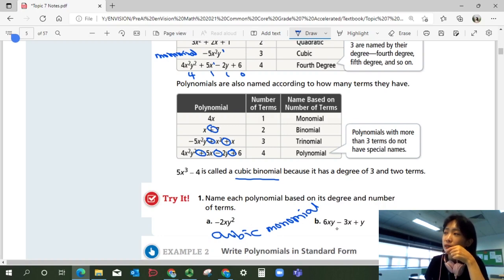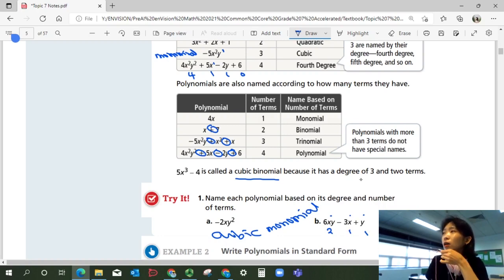Part B, how many terms does this have? 1, 2, 3, right? 1, 2, 3. And then look at the degrees. X has 1, Y has 1, so that's degree of 2. X has 1, Y has 1. So the greatest degree of the monomials would be 2. That is your degree of polynomial.